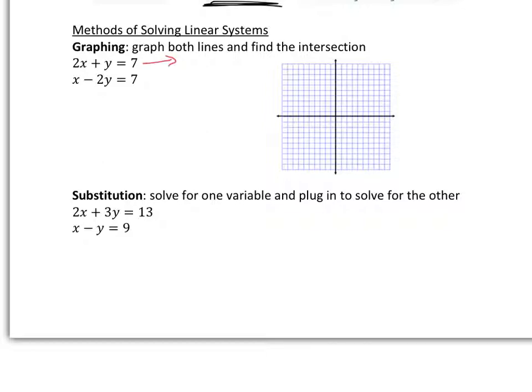We need to turn both of them into y equals mx plus b so we can graph them. So y equals negative 2x plus 7. And negative 2y equals negative x plus 7, so y equals 1/2 x minus 7/2. We go up 7 to graph the first one, and down 2 over 1, down 2 over 1.